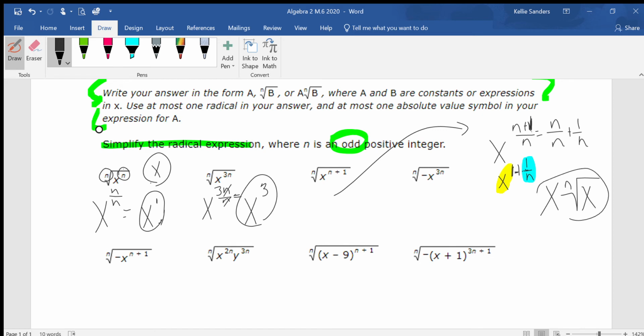Okay, so that would be the answer for that one whenever n is odd. On this one, it's negative x to the 3n over n. The n's cancel out, and we're left with negative x to the 3rd, because if you have an odd amount of negatives, your answer is going to be negative.